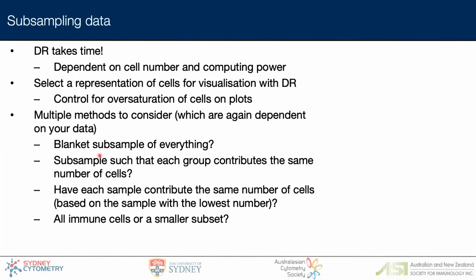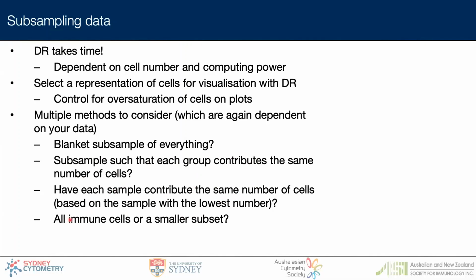Just appreciate you may not get even numbers of cells from each group. So another way is that you can make it such that each group contributes the same number of cells. When you do this or the previous one, you will also have the possibility that maybe not each individual sample will contribute the same number of cells. So you can also do it in that manner.